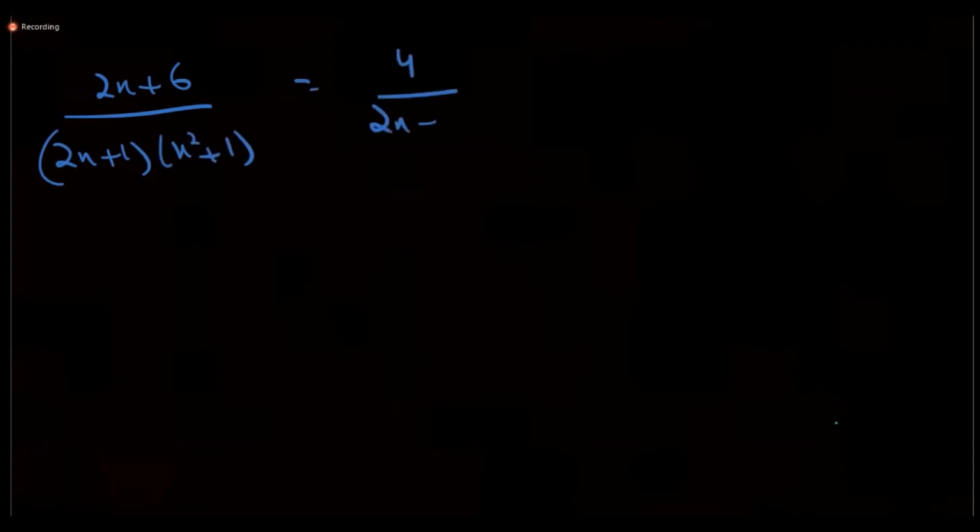So (2x + 6) over (2x + 1)(x² + 1) can be written as 4 over (2x + 1) minus 2x over (x² + 1). I hope that it's clear.